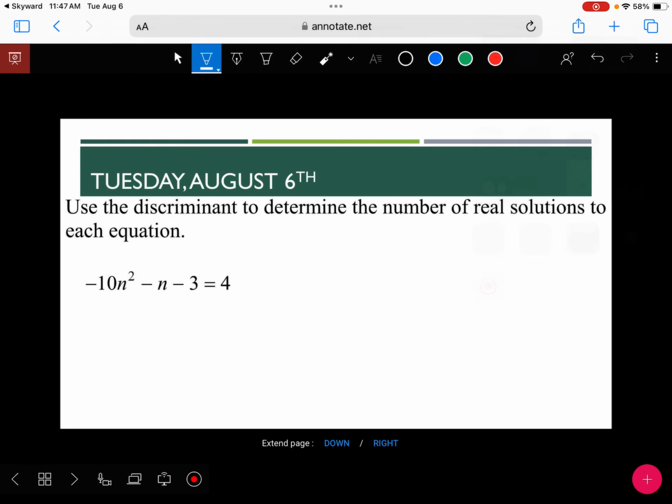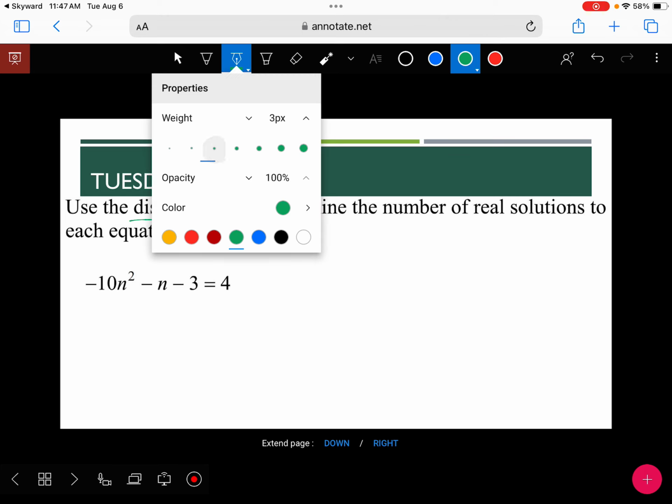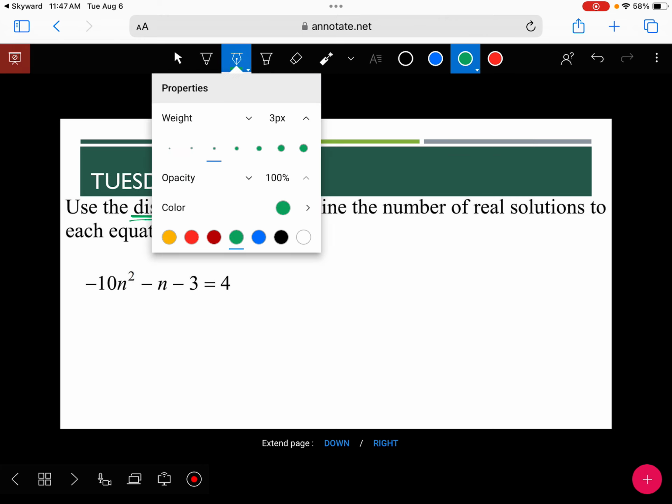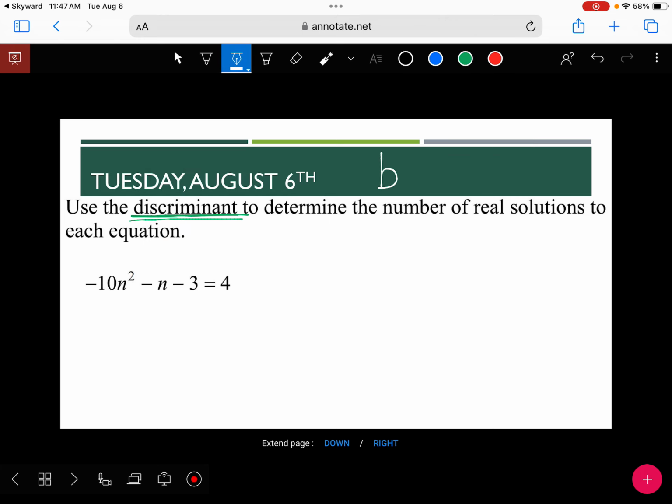So if you look at what we talked about yesterday, when you're finding the discriminant, that's only the part underneath the square root. So this is the only piece that you have to do. The discriminant is b squared minus 4ac.